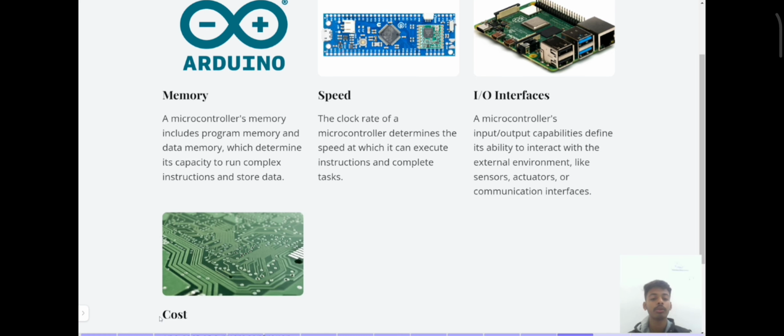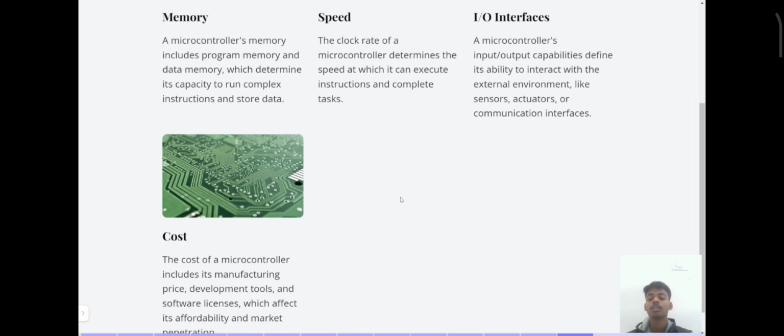A microcontroller's input-output capabilities define its ability to interact with the external environment, like actuators or communication interfaces. Cost. The cost of a microcontroller includes its manufacturing price, development tools, and software license, which affects its affordability and market penetration.